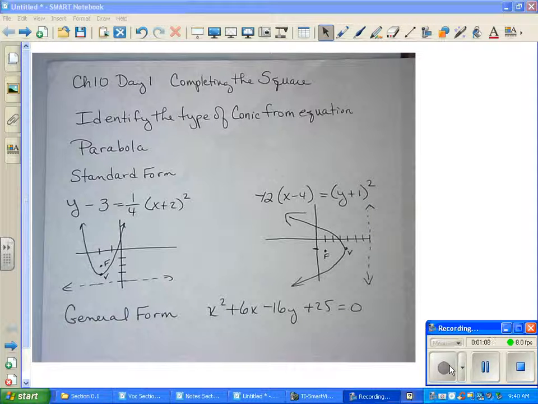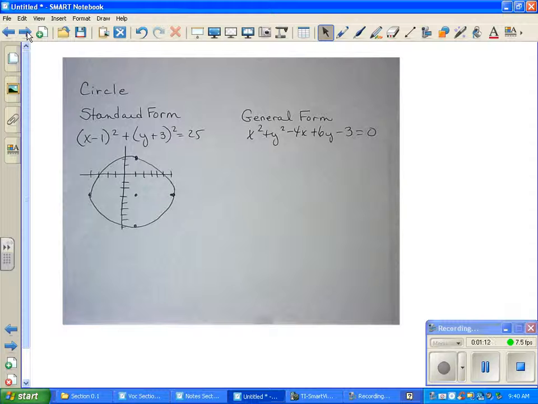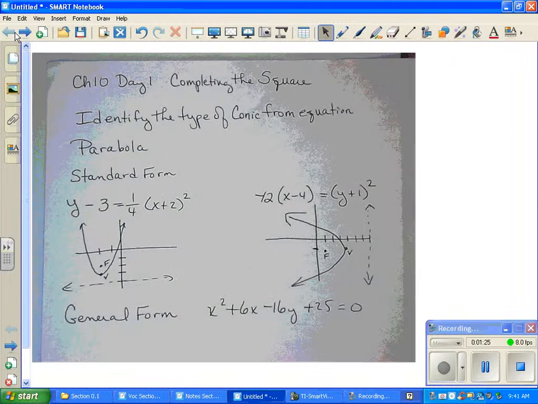You're looking at your parabola formula and your circle formula, and you've got to think about standard and general. You can't just look at standard, because some people would say, oh, the circle has parentheses in it, and there's 2 of them, and this one doesn't have but 1 set of parentheses sometimes, sometimes 2.